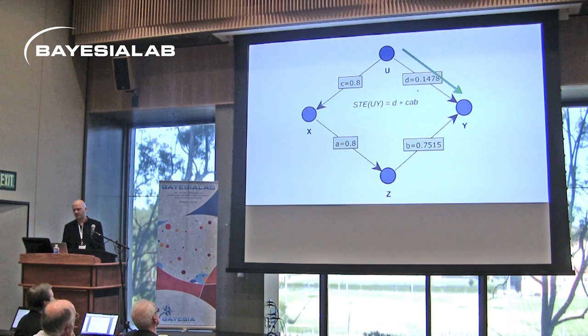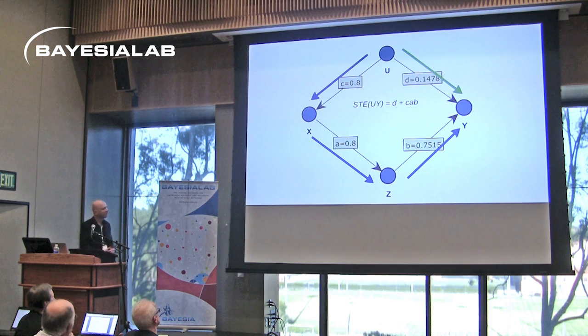It's the direct effect of uy, which is d, sorry. And then we have another path, ux, xz, zy. So the final value of the standardized total effect of u on y is just equal to d plus the product c a b. And this one is causal, right?